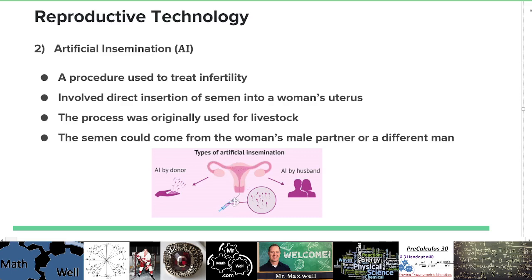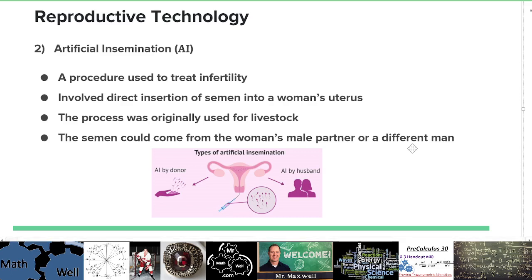It could be a problem, like I say, in low sperm count, or it could be a problem with the reproductive system of the husband. And so artificial insemination would be an actual insertion by other means of semen into the uterus. So sometimes the semen could come from the woman's male partner or from a different man. If a couple wants to get pregnant, and let's say there is a problem with sperm production in the husband, then they might opt for using someone else's sperm.